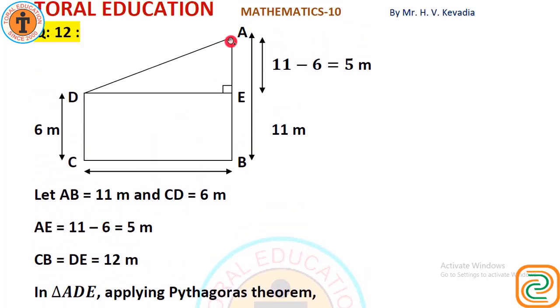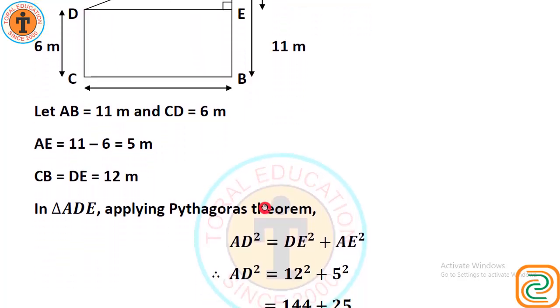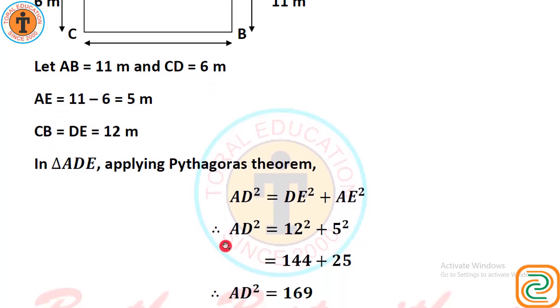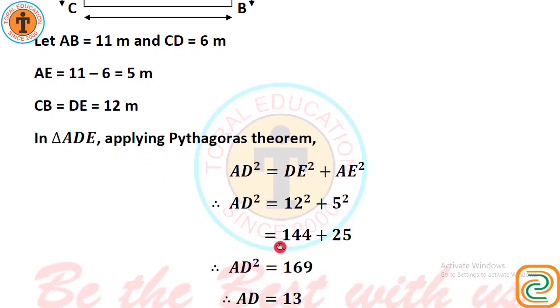Applying Pythagoras theorem in triangle ADE, AD square equals DE square plus AE square. So AD square equals 12 square plus 5 square, therefore 144 plus 25.